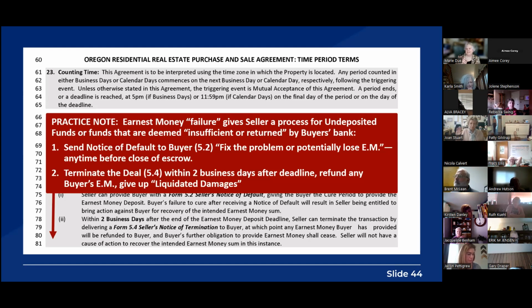One of the things you're going to see a lot of in the new forms is an opportunity to cure, is what we're calling it. That means, hey buyer, seller, you didn't do this, or you did do this, and we want you to fix it, giving everybody a chance to actually go in and fix an item. You don't just terminate if they just need to do one more thing, like I said, insufficient funds on the earnest money check.